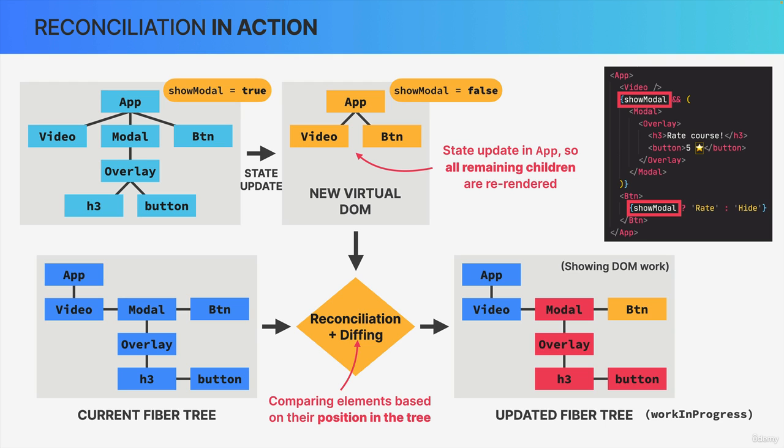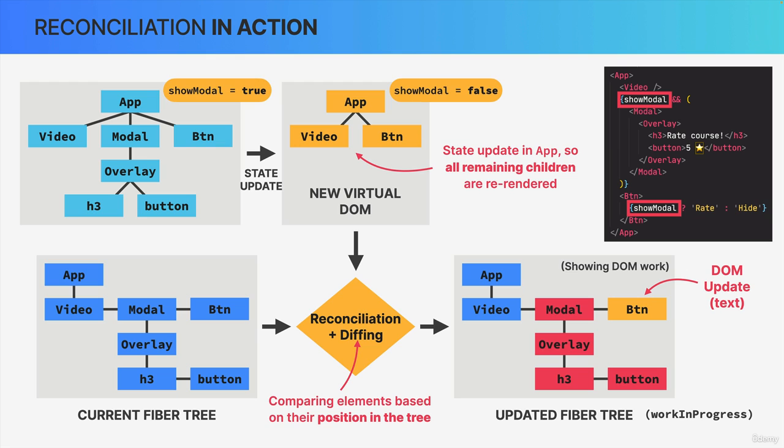But anyway, let's quickly analyze our updated fiber tree, where I marked new work that is related to DOM mutations. So first, the btn component has some new text, and so the work that will need to be done in this fiber is a DOM update. So in this case, swapping text from hide to rate. Then we have the modal, overlay, h3, and button.